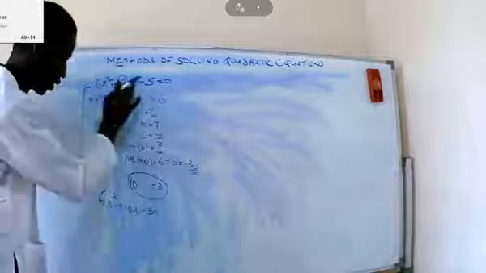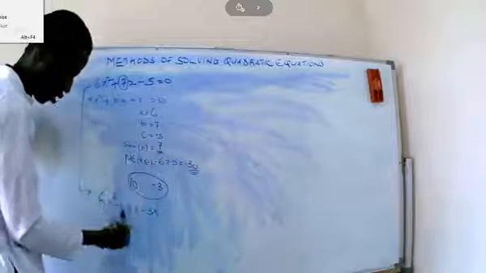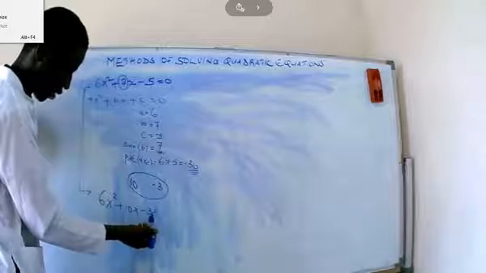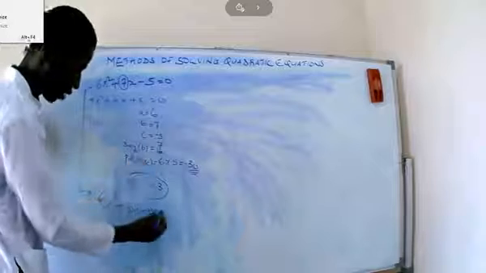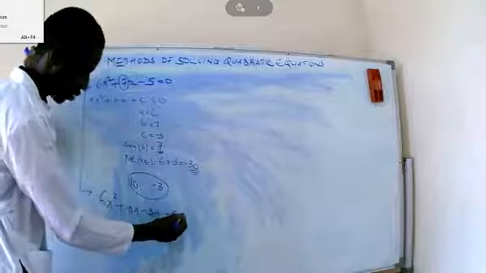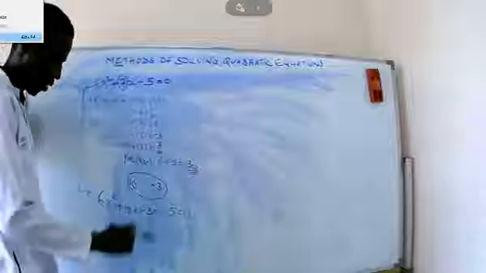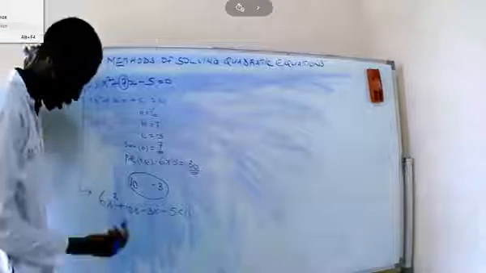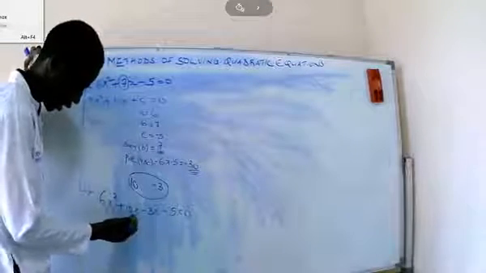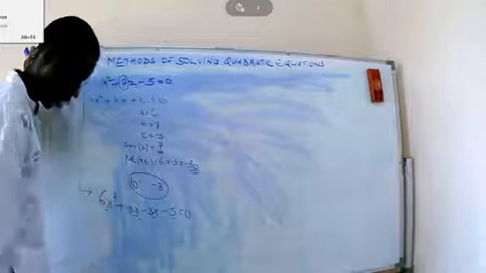So 10x minus 3x is 7x. Then minus 5 equals 0. If you remember, I told you that after replacing, you will have 4 terms. This is the first term, the second, third, and the fourth term.